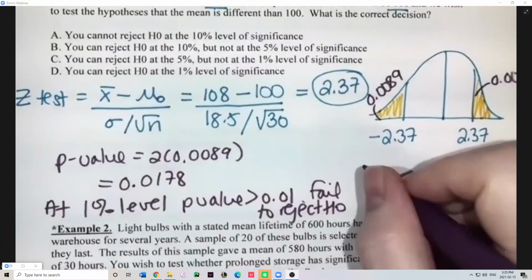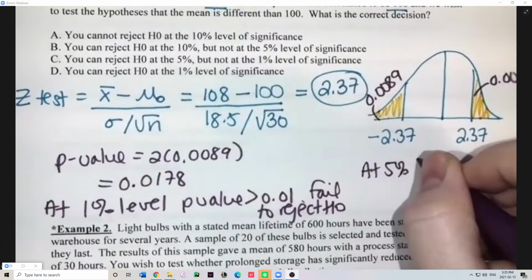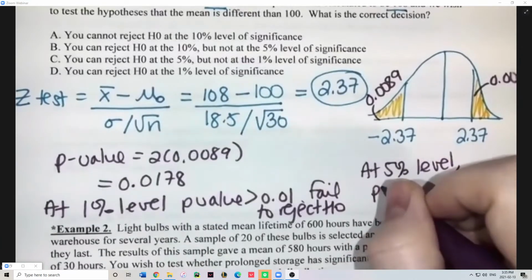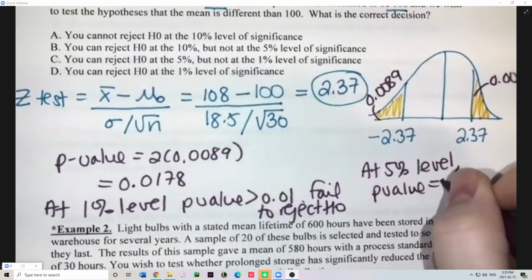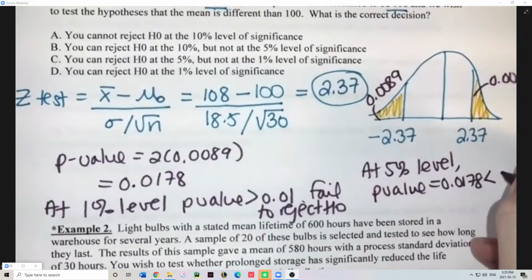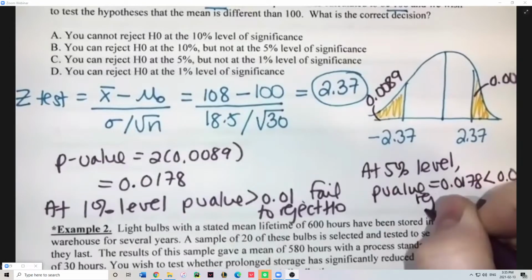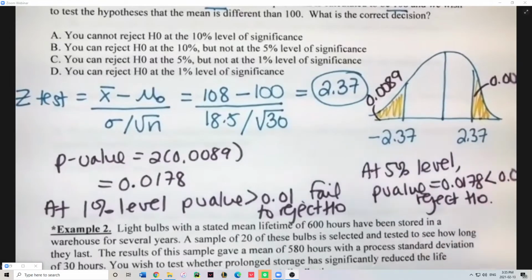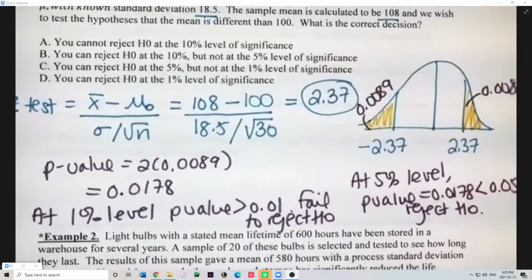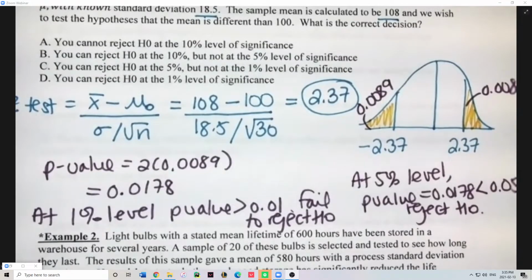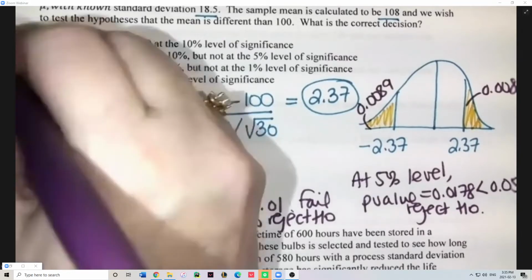But at the 5% level, this p-value equal to 0.0178 is less than 5%. So that would mean reject H0. So we can make different conclusions based on different alpha levels. So what would this be? You can reject at 5% but not at 1%. So this would be C.